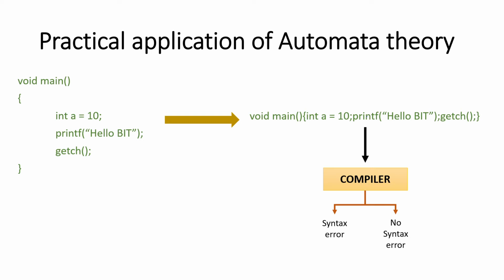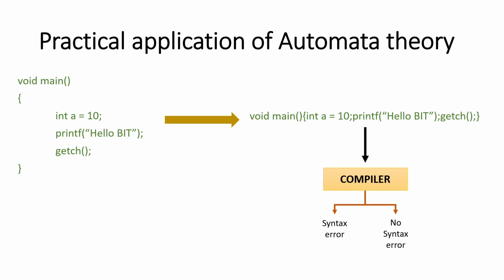You can assume a compiler as a machine which takes an input and produces some output, right? So if I ask you about some English sentence and whether it is correct or not, you will say yes, this is grammatically correct or grammatically wrong, because the grammar is in your mind. Now the question is, how does the compiler realize this?